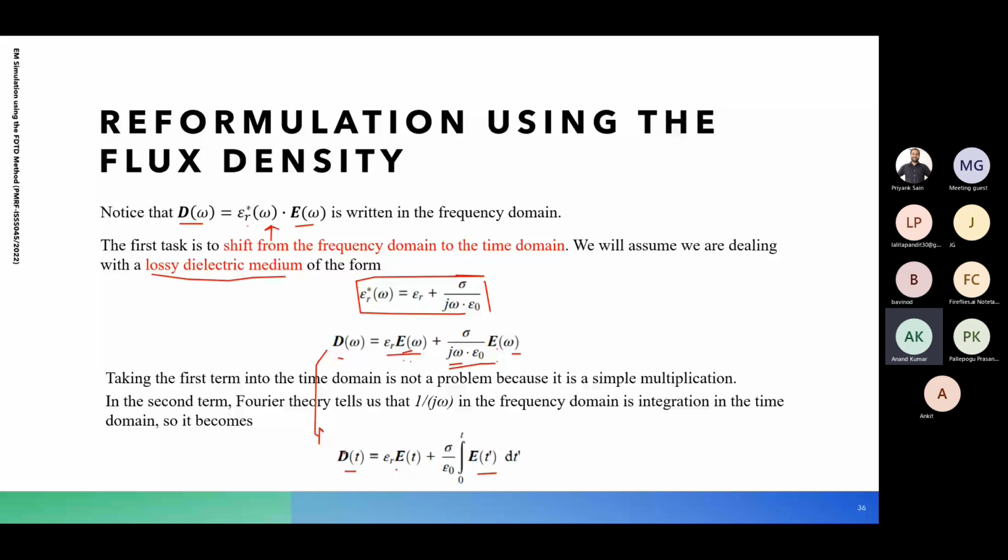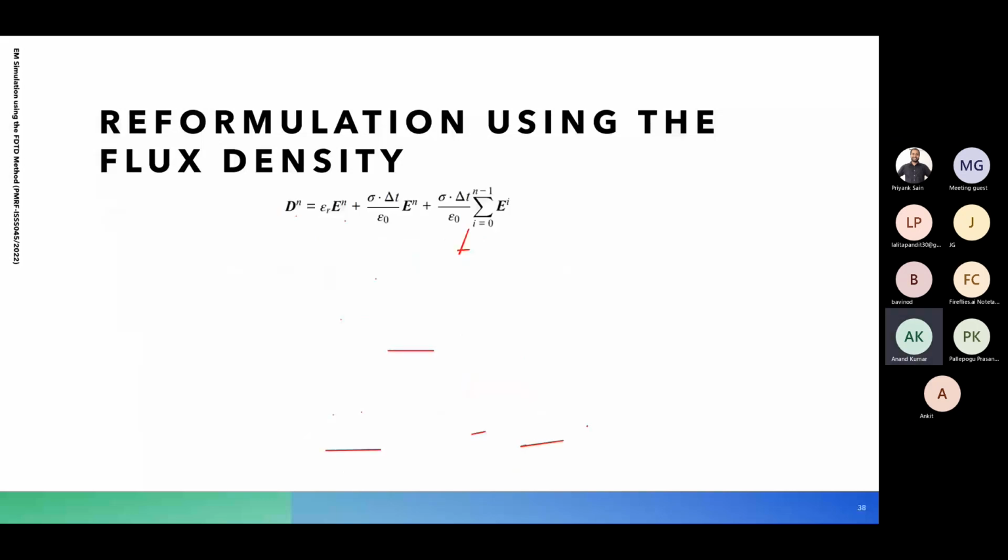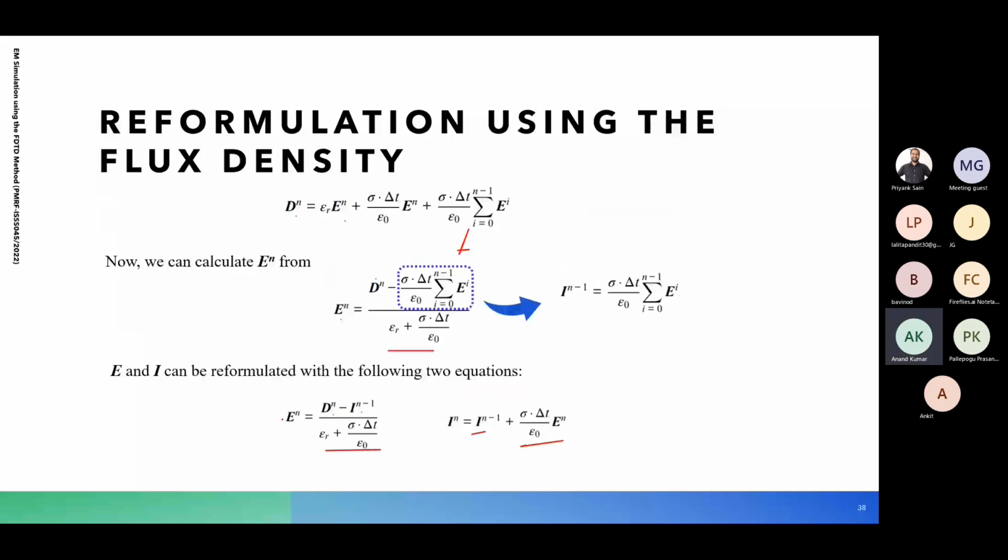We then sampled this in time domain and approximated this integration as a summation. Then we brought this term outside of the summation and replaced this summation by I_n, and then we expressed the electric field in terms of flux density, I_n, and permittivity.